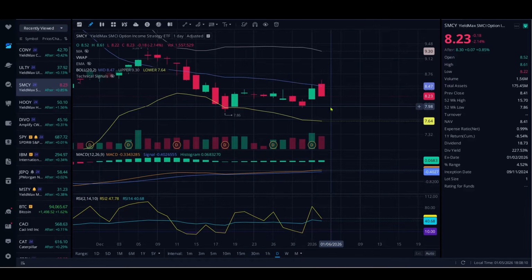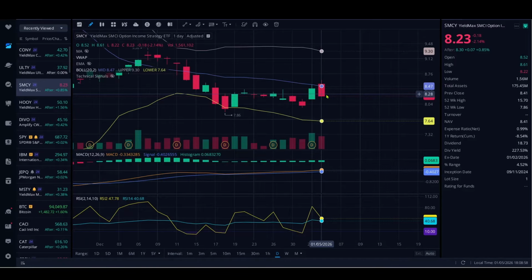And I would much prefer it to be at the bottom of the Bollinger Band, but I at least want it on the bottom half. It did close on the bottom half, but it did run through that midpoint. So that one is a user call, okay? That's up to you. If you want to go ahead and say that, well, it's on the bottom half of that Bollinger Band, then I may want to purchase.